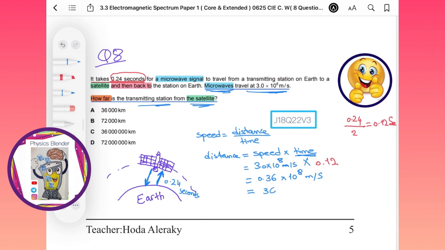Simplify, it's 36 times 10 to the power of 6, only meters. We are calculating distance, so the answer is meters. Okay. Since you checked already that you have consistent units, but the choices you have, it's not including your answer.